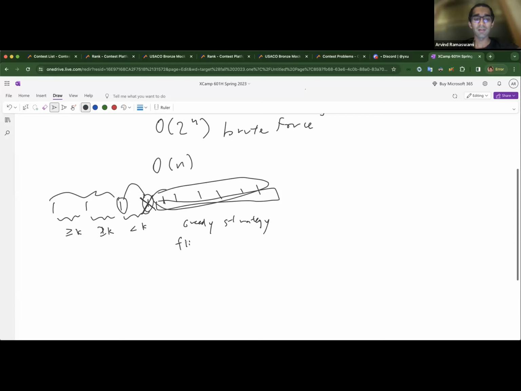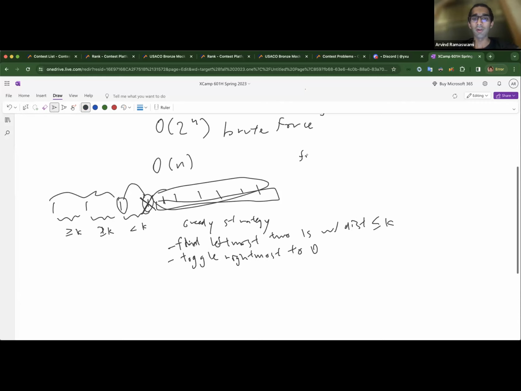Strategy: find the leftmost two ones with distance less than k, and then toggle the rightmost to 0. And how you can do this is you can implement it in a for loop.